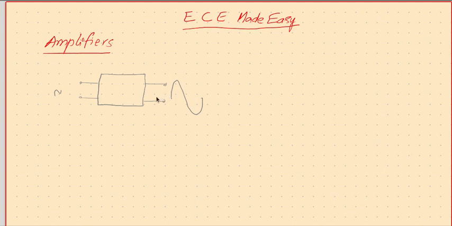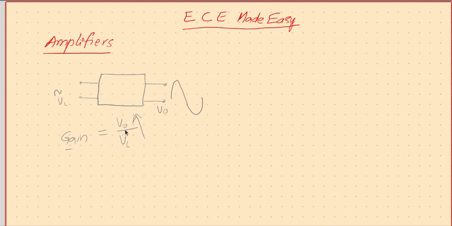The basic work of an amplifier is to take the input and produce the output with a higher magnitude. The input is of lower magnitude and the output is of higher magnitude, and the change in the magnitude, or the output by input ratio, is called the gain. Usually the input is so small and the output we require is so large that this ratio is too large to discuss.